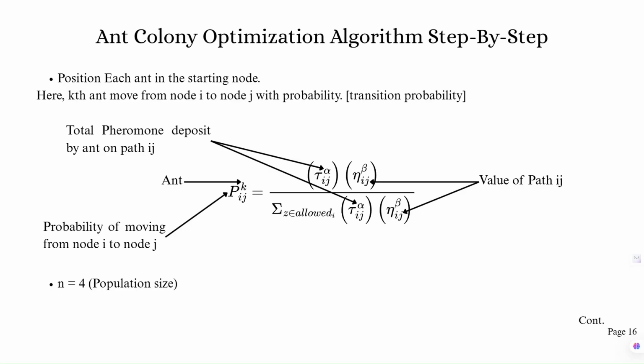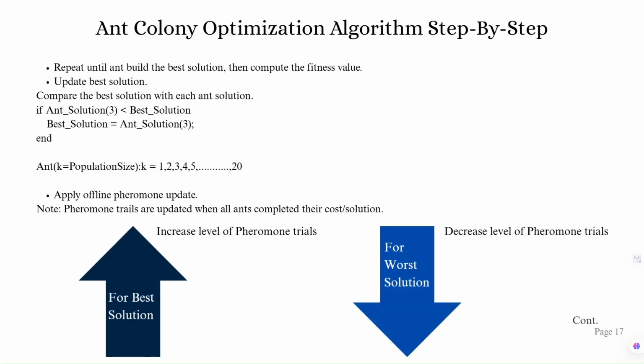Repeat this, build the best solution, compute the fitness value, and update the best solution until it gives the optimal value. Then apply the pheromone update. Note that an increasing level of pheromone will give the best solution and a decreasing level of pheromone will give the worst solution.